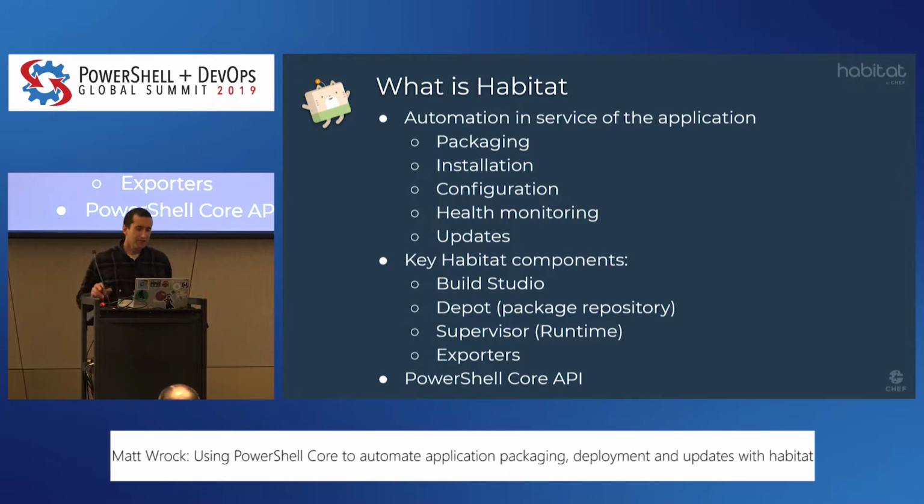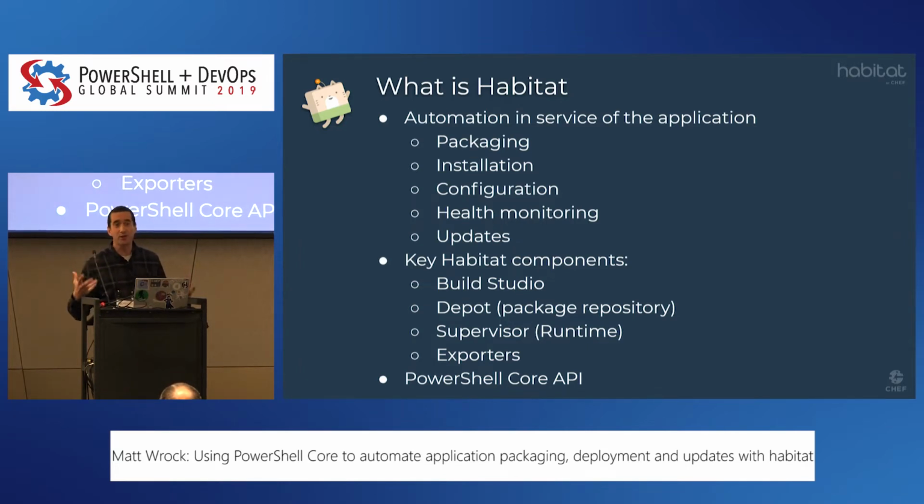And so finally, and what I think makes this rather pertinent to this summit, is that the user interface for us, application developers, application operators, the people that are invested in the care and feeding of these applications, the way that we interact with Habitat to do this automation is PowerShell Core, to be exact. We love PowerShell Core because we can package it, we can bundle it.